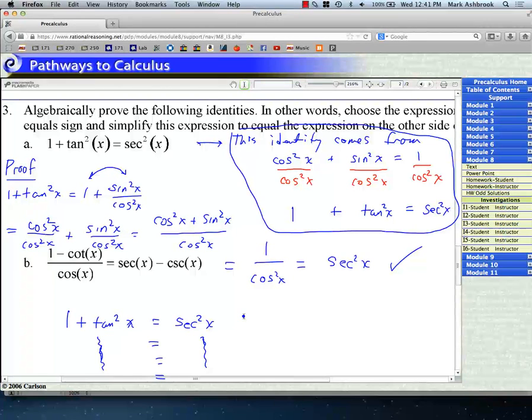It ends up having all the work you need, but it's bad form because you're declaring this thing to be true, but you've been given the task of proving it to be true. It's an assumption that you can't make. So don't do trig proofs like this. Start on one side, work to the other.